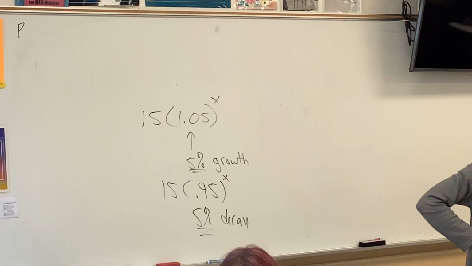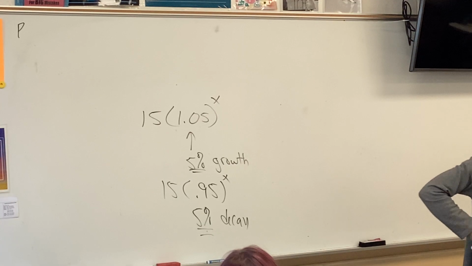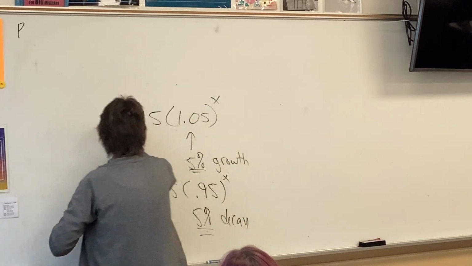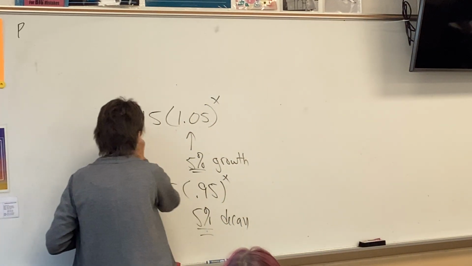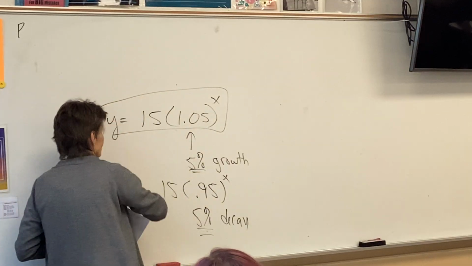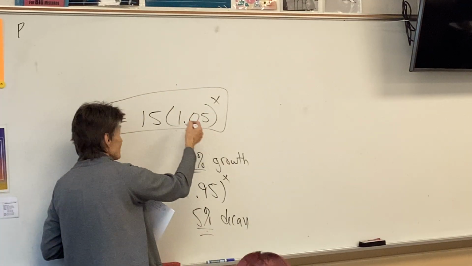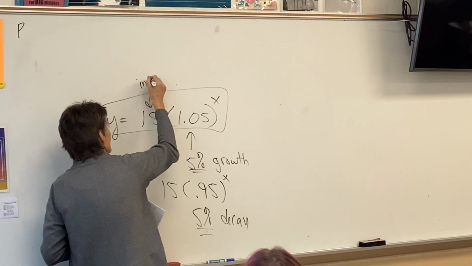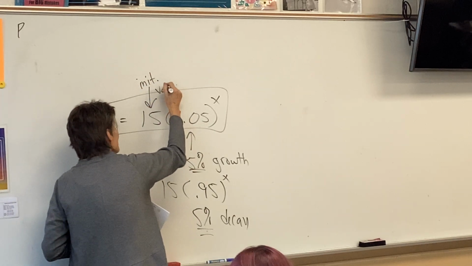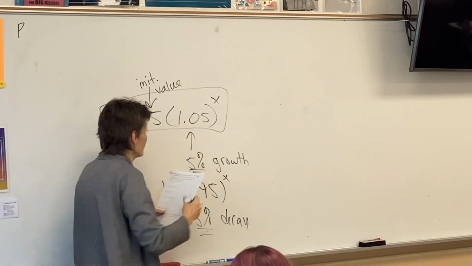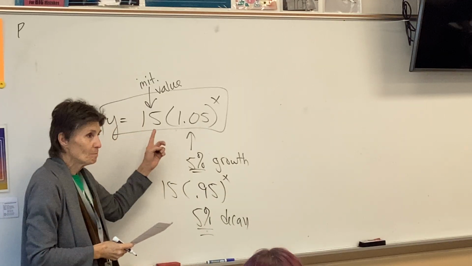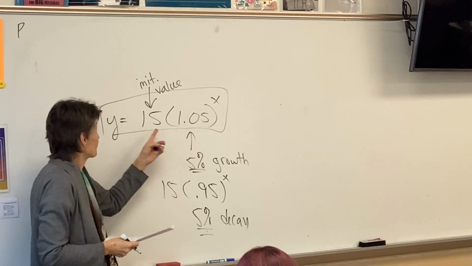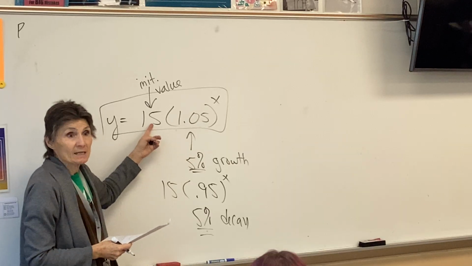Okay? And the last question is, what is the initial value? So when we look at one of our exponentials, this is what they look like. We already talked about the importance of that number. This guy right here is your initial value. That means that whatever it is that's growing 5%, I started with 15.